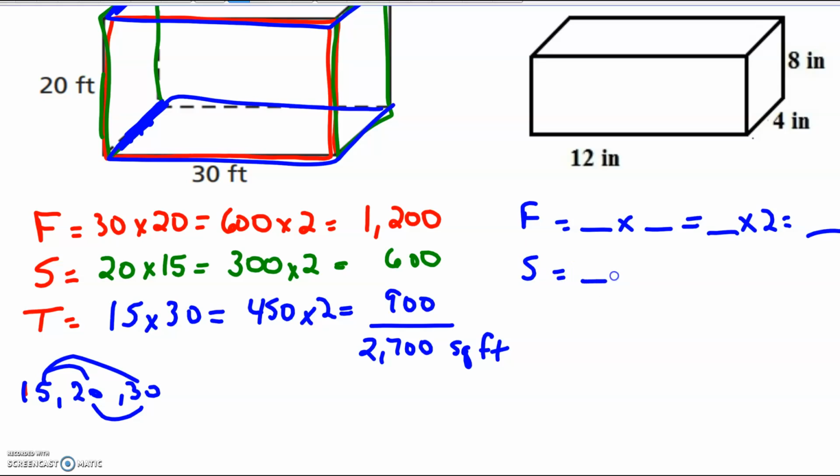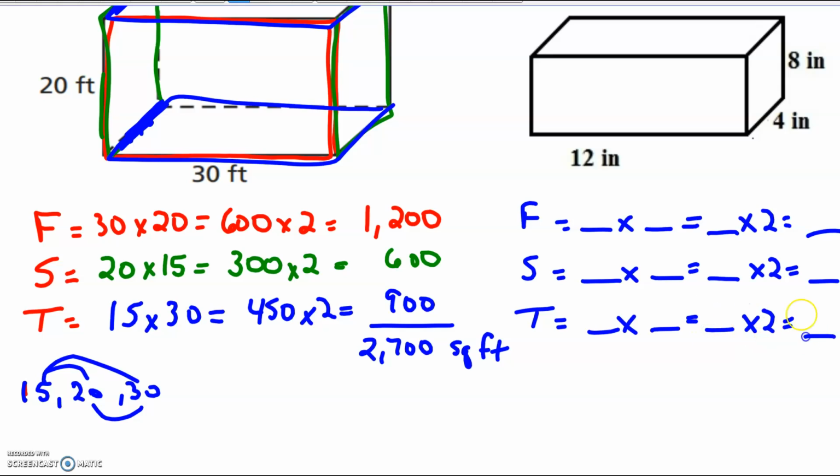The side, length times width, and then multiply that by 2. Then the top, same as the bottom, right? Length times width is some number times 2, because you've got 2 of them. So add those, figure those out, add those 3 numbers up, and see if you can get the right answer.